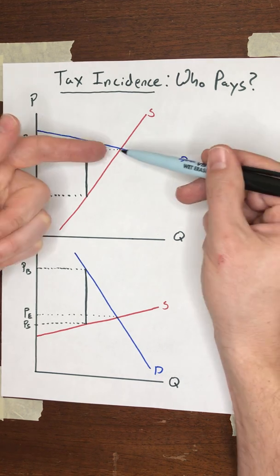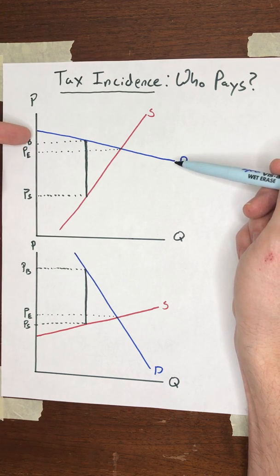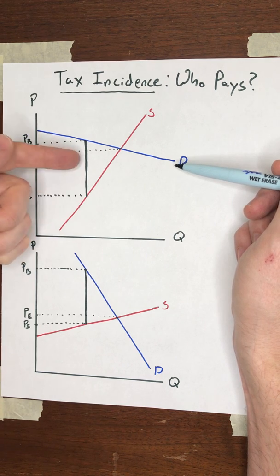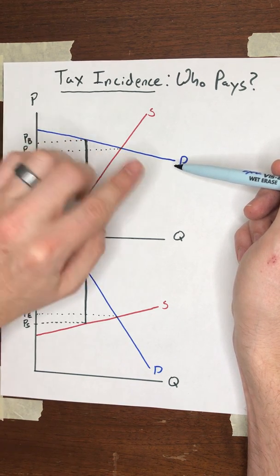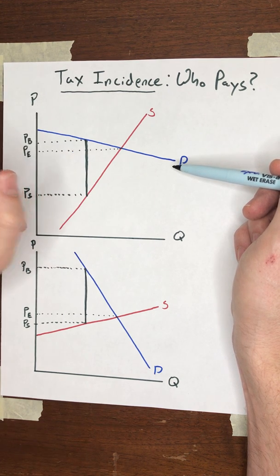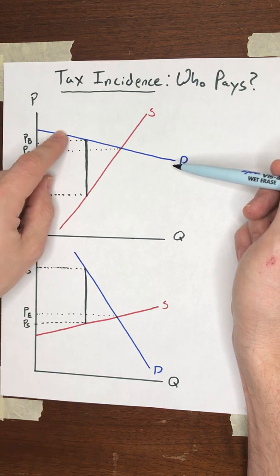Instead of buying in this market, these buyers can go do something else, right? Maybe this is the market for Pepsi, and so if there's a tax placed just on Pepsi, not on any other soft drinks, well, then they can quickly buy Coca-Cola, which is not being taxed, or they can buy RC Cola, which is not being taxed. So they're going to get out of this market really quickly.